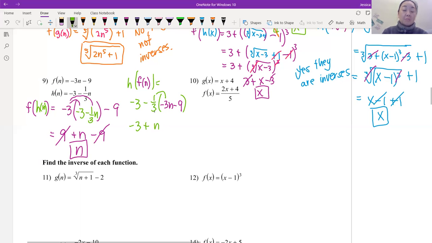Because 3 divided by 3 is 1. And -1/3 times -9 is going to be +3. And so I get n. So this is going to be yes, they are inverses.